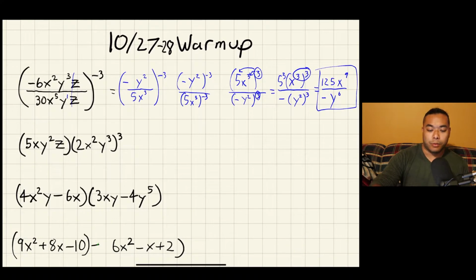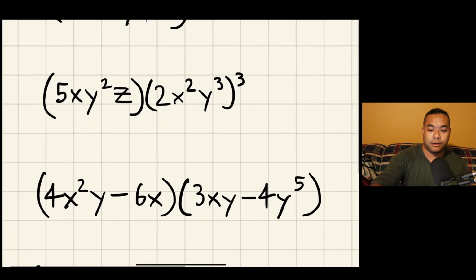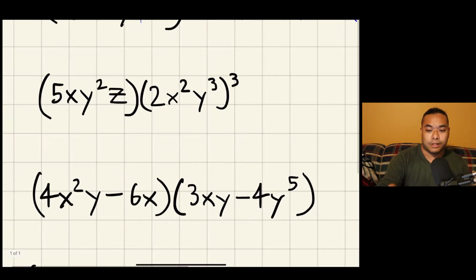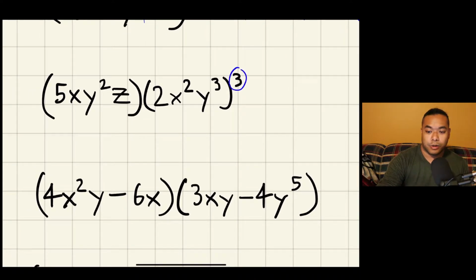Okay, moving on to the next one, we have 5xy squared z times 2x squared y cubed, but we have all of this to the third power. So let's solve that third power first. So power to a power, this cube goes to every base, to the 2, to the x squared, and to the y cubed.